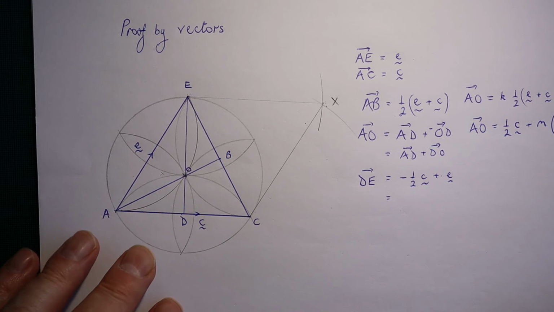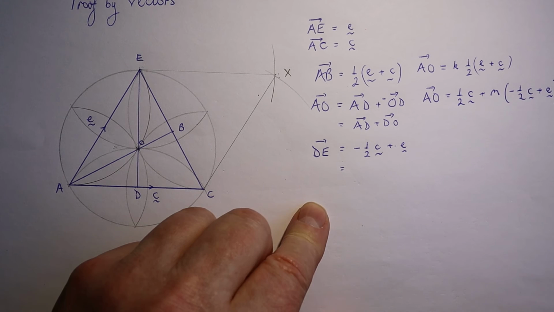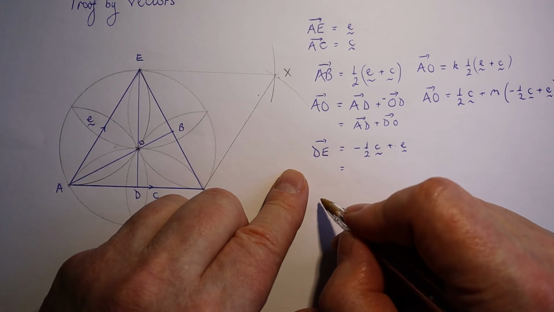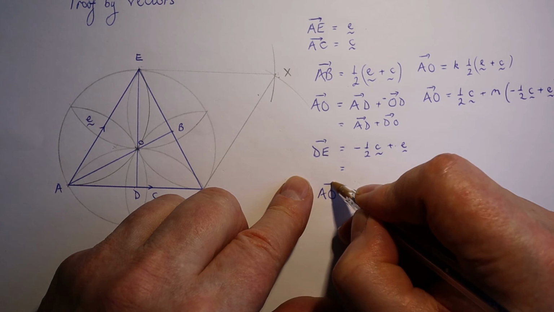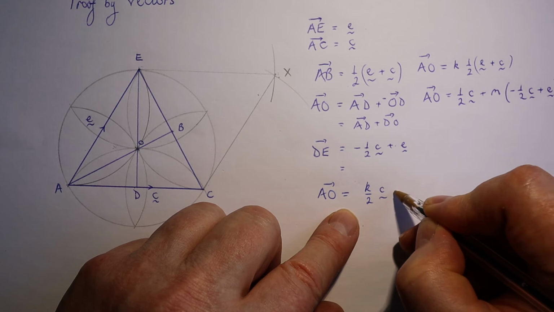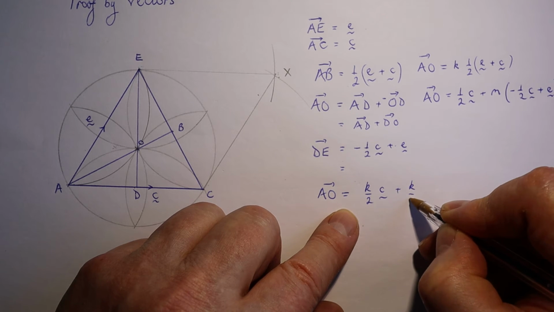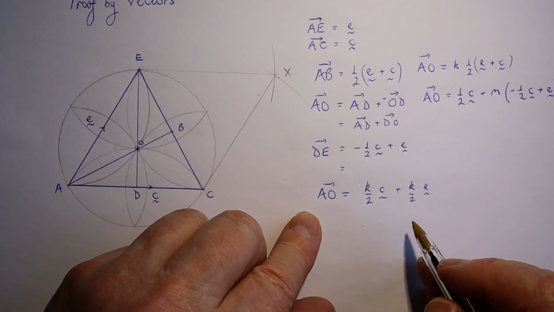So that's all good. Now we'll give ourselves a little bit more space. In order to compare coefficients, we're going to want to write out AO is equal to K over 2 C plus K over 2 E using the normal rules of algebra.